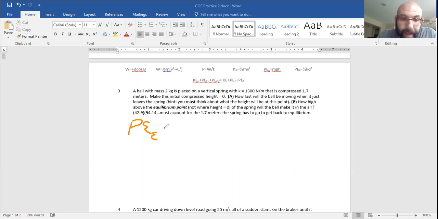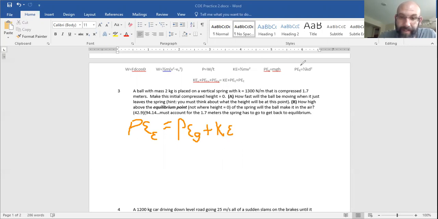However, on the other side of the equation, now that we're 1.7 meters in the air, we have a potential energy due to gravity because we're no longer on the ground, and we're moving. There is no elastic energy because the spring has done its work already to propel the object 1.7 meters in the air. So the spring is no longer relevant, so we don't have to worry about potential energy due to elasticity.